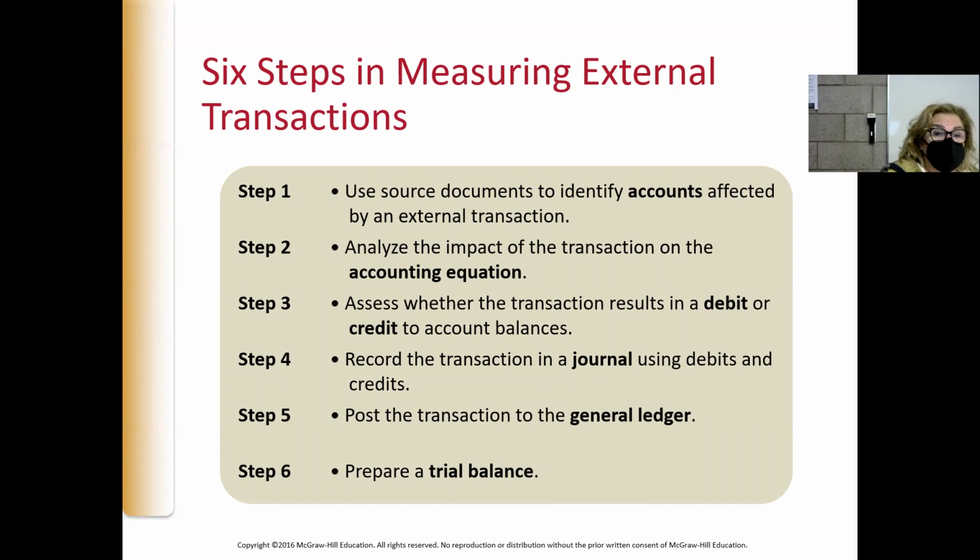Is it decreasing? Then we're going to learn something new called a debit and a credit. We're going to learn to record these transactions in a journal, post those transactions to the ledger, and then finally prepare a trial balance. So we have a lot to cover today. And again, you guys stop me if I'm not making sense.